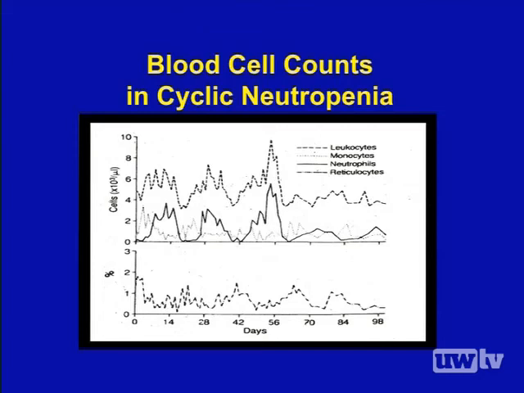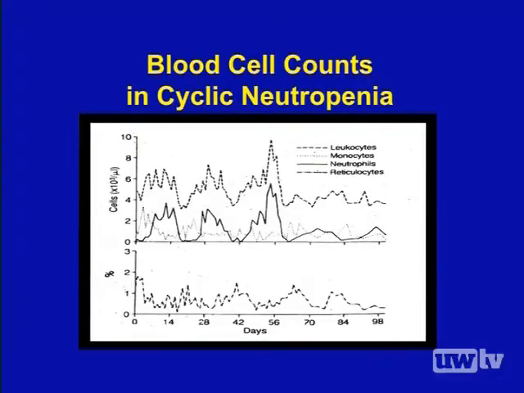So it's a disease where the body seems to be making neutrophils on a batch basis. So it makes a bunch and you run out. Makes a bunch and you run out. And running out here has the same consequences as getting cancer chemotherapy.